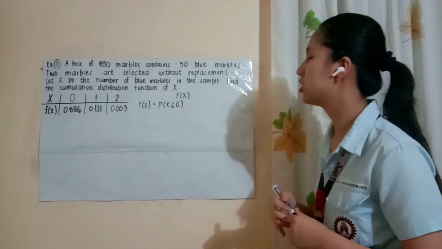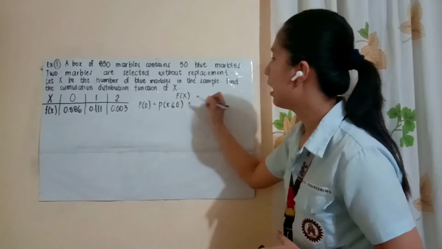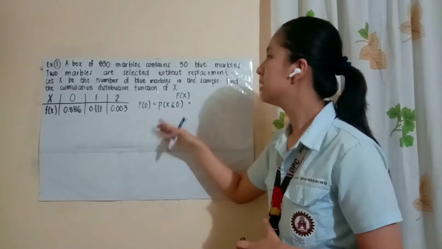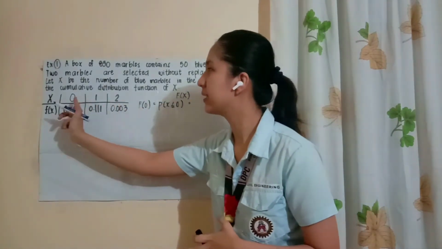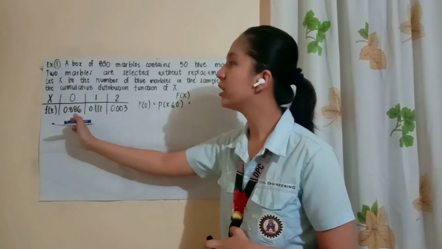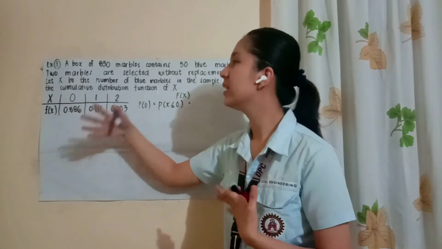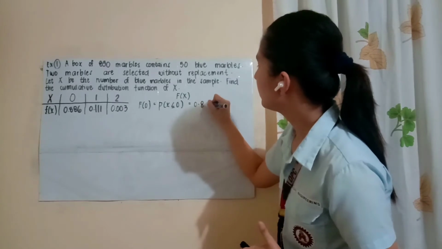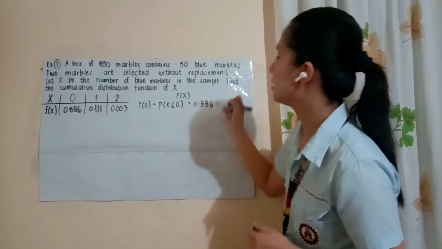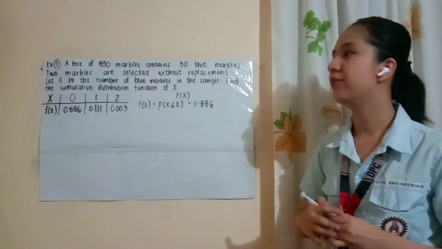Ano ba yung probability ni 0? Since less than or equal 0 daw, and wala naman tayong less than 0 dito, kukunin na natin yung probability ni 0. We have 0.886. So, yun na yung magiging first value natin.